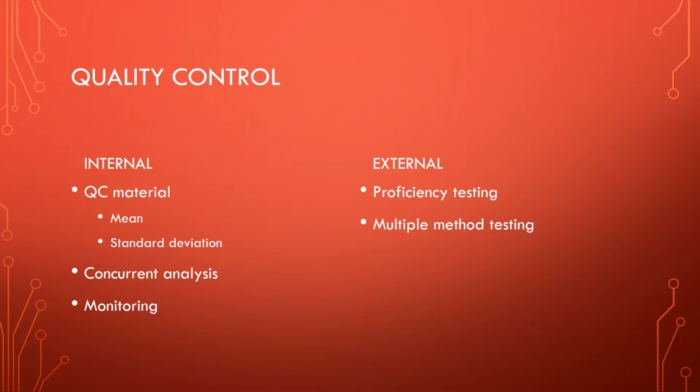You perform all your chemistry testing on your instrument, and every other hospital that has that instrument will also perform those proficiency tests, and your results are compared to every other hospital.